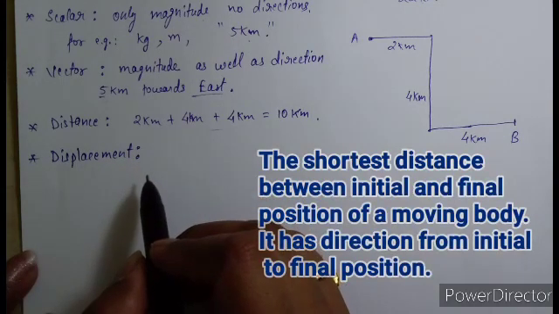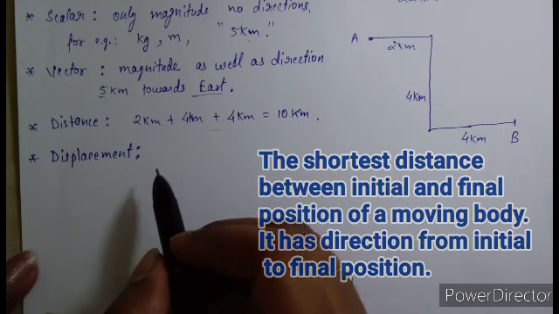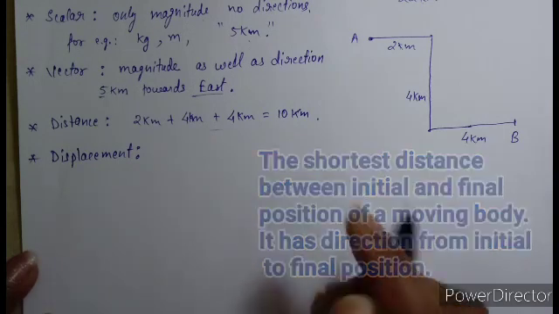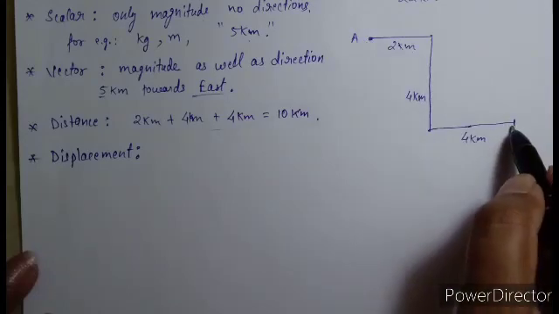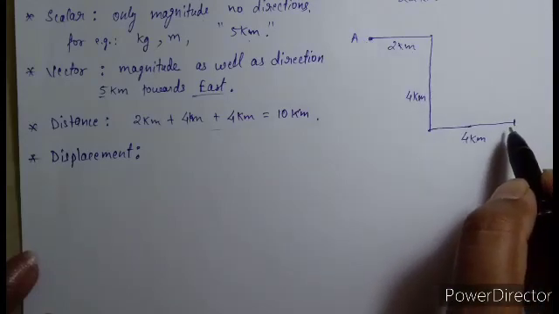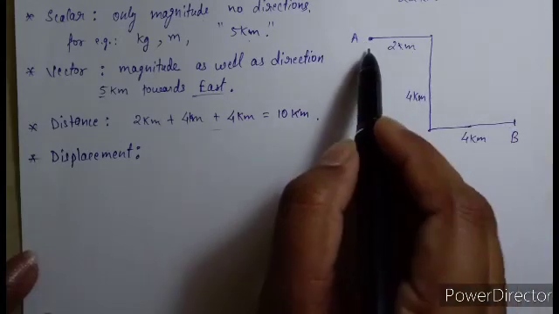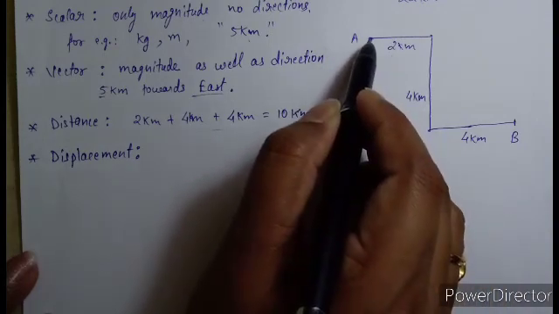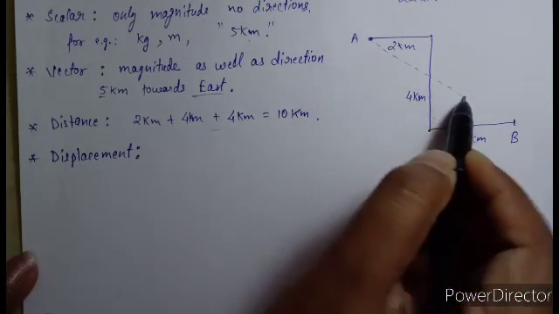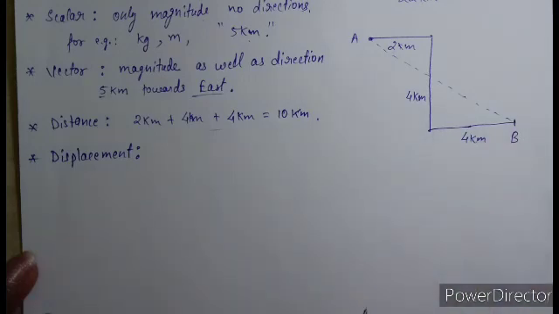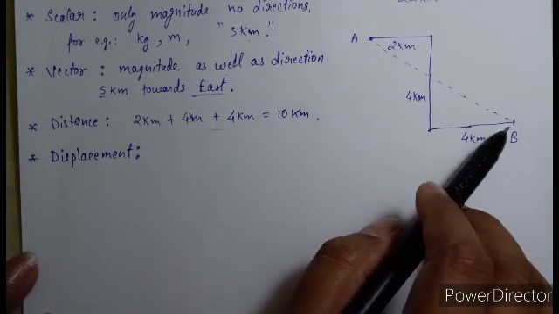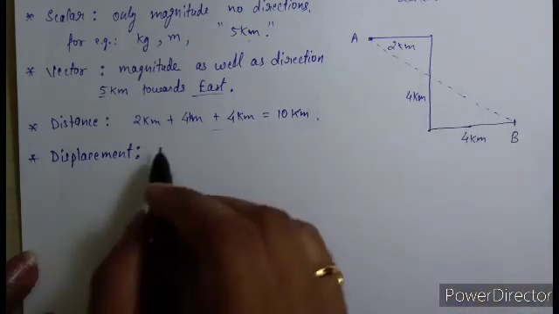Displacement, on the other hand, is the shortest distance between the initial and the final position of a moving body. That means to get the shortest distance we can just join the 2 points with a straight line. So the distance from A to B, let us suppose, is 6 kilometers.